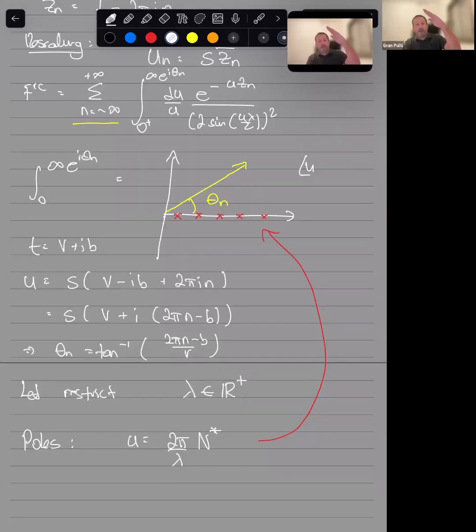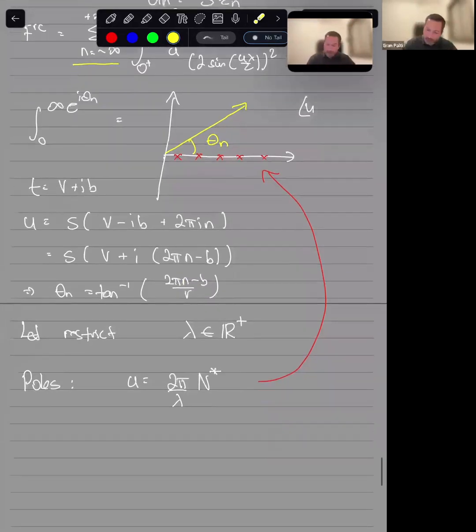Okay, and let's say b is positive and small, then we can look at this thing here. Then we will see that all positive n's would give us positive angles, and all negative n's would give us negative angles.